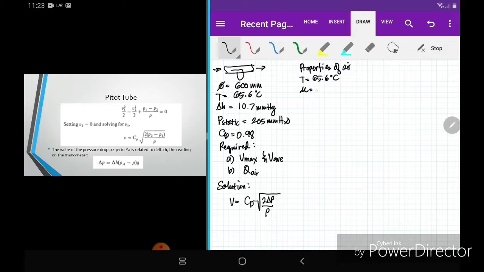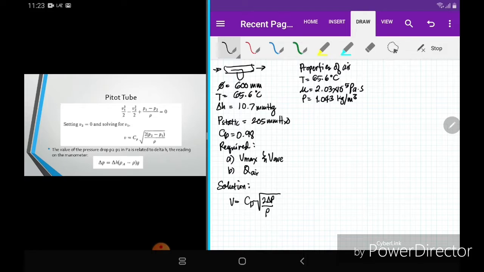So, viscosity is equivalent to 2.03 times 10 to the negative 5 Pascal second, while its density at this particular temperature is equivalent to 1.043 kilograms per cubic meter.